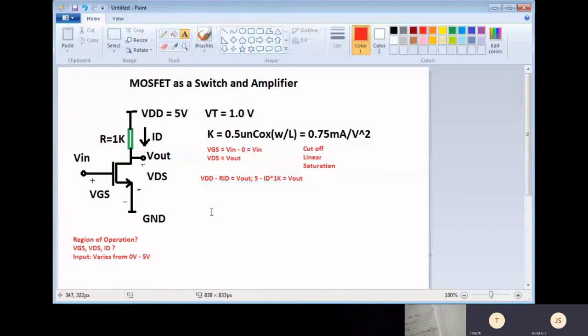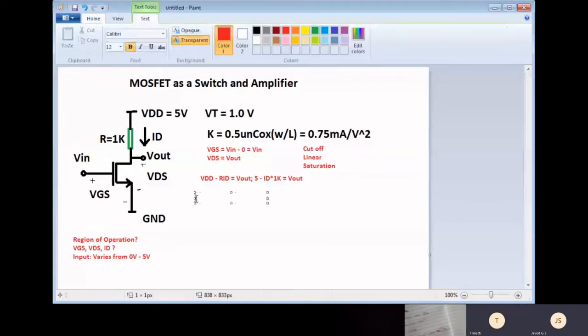What is the VGS value for the first condition? Tell me what is the VGS, whatever you have described.